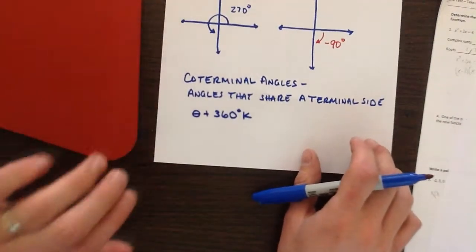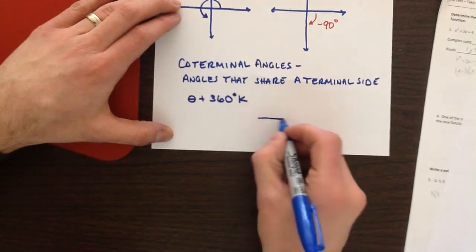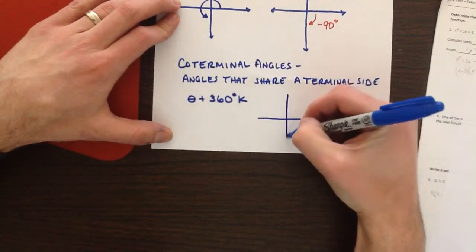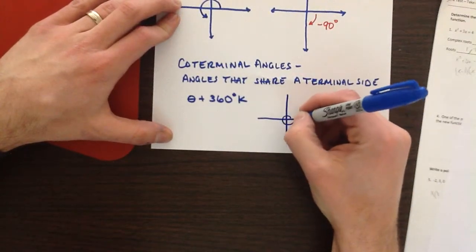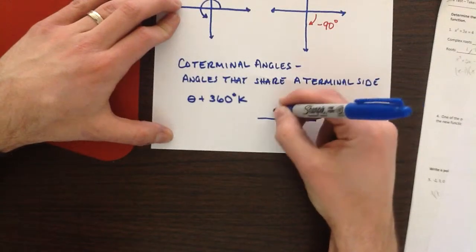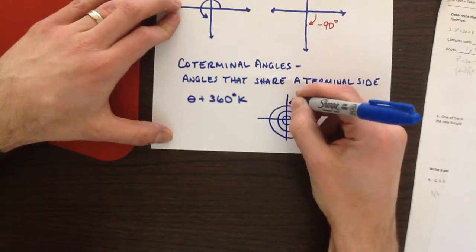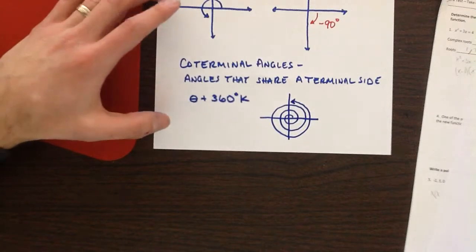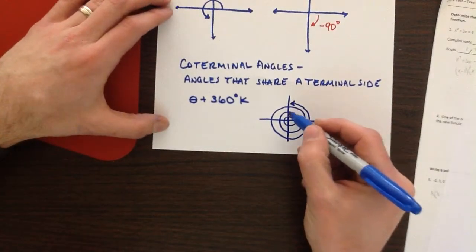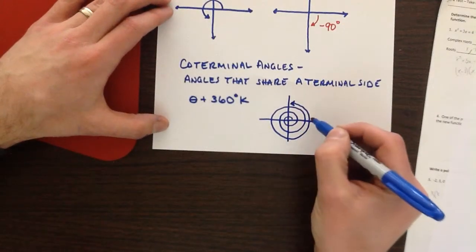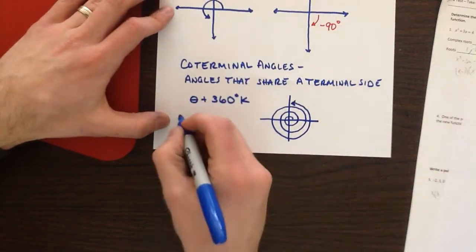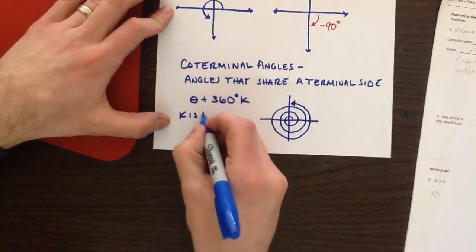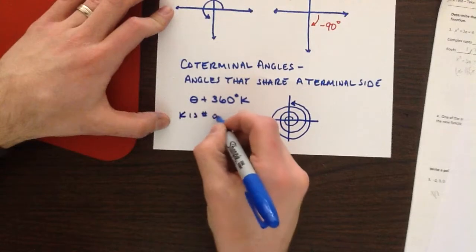Let me fix my notation in here. Is that a theta? That is a Greek letter theta. So if we have, and I will indicate it like this, we can do this. We say, okay, there's 1 rotation, 2 rotations, 3 rotations, and so forth. K is the number of rotations.